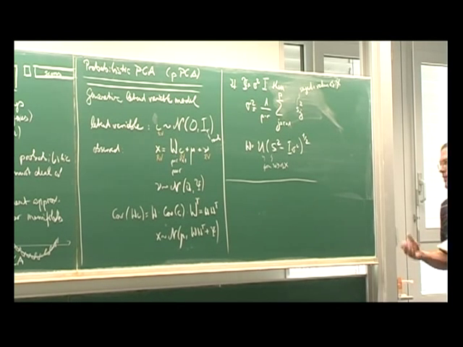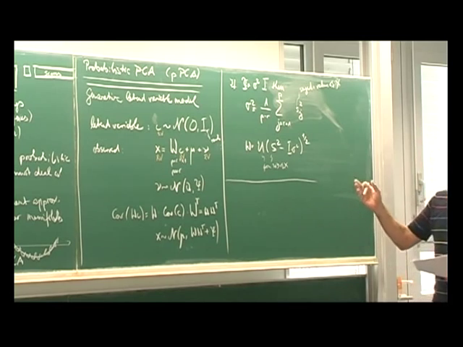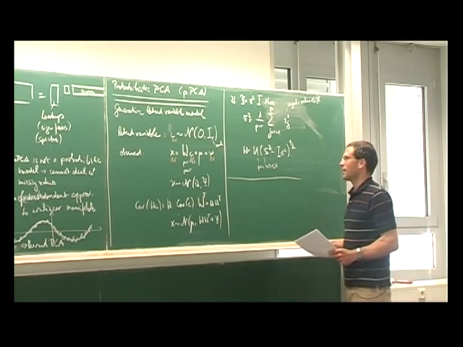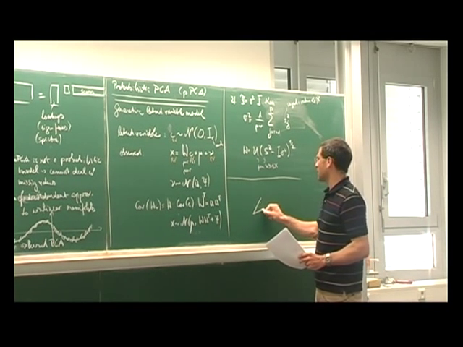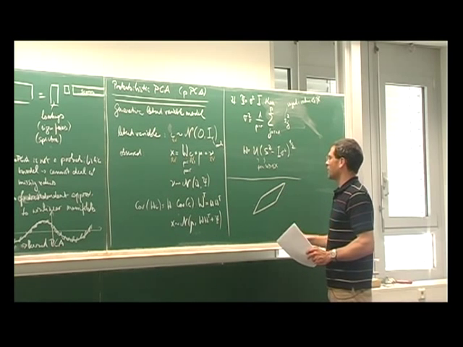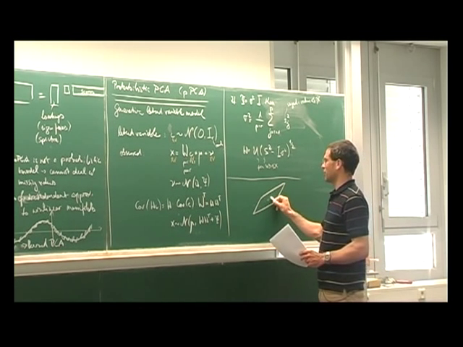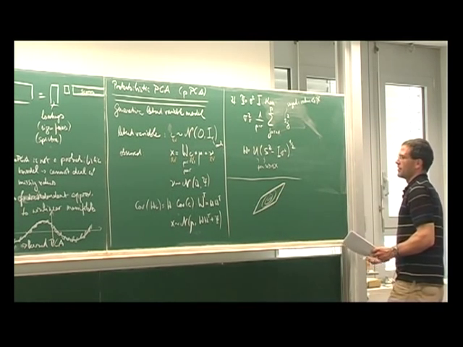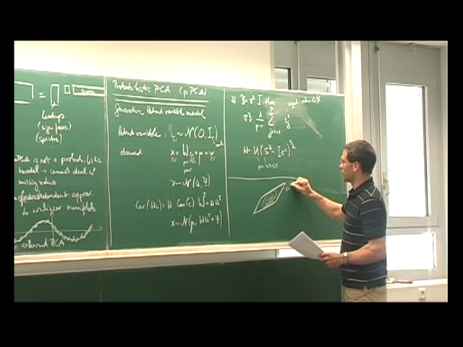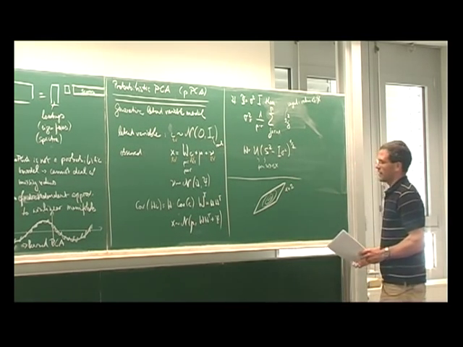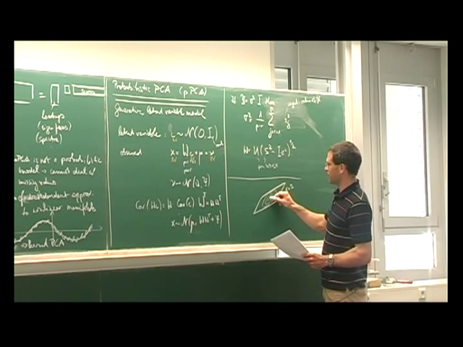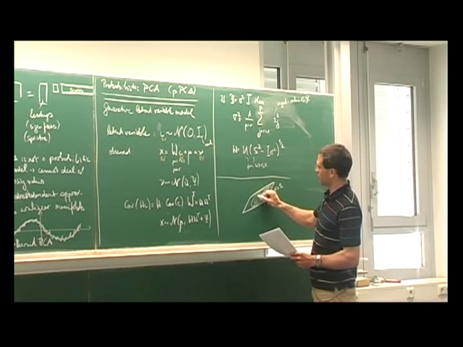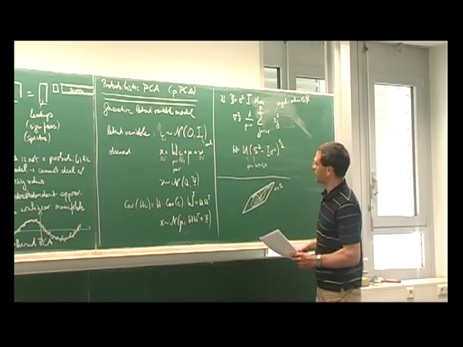Okay, and the advantage is that you now have a nicely probabilistic formulation, so you can write down the maximum likelihood for this. It allows you to find outliers not only when they lie outside the plane that you're looking at, but also in the plane. So let's say we're having a model here with rank 2. And let's say that this is your PCA subspace here. So this is your first principal component, and that is your second principal component.